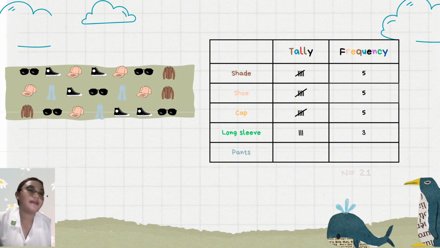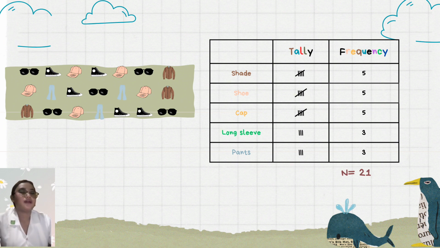And also sa pants ay ilan? 3 also. So, ilan ang frequency natin? Kabuuhan o number of the object. Ilan? Yes, Mr. said. 21. So, n is equal to 21.